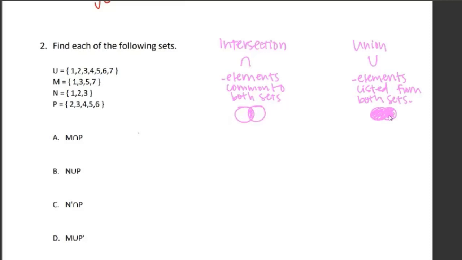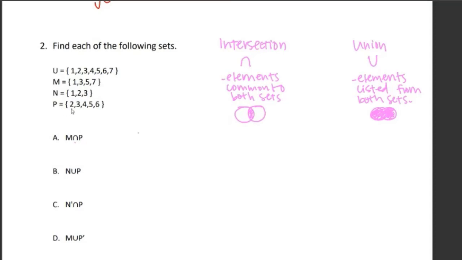Okay. So on letter A, we are looking at the intersection of M and P. So the intersection of M and P is going to be the elements that are in both of these two sets. So M has 1, 3, 5, 7.